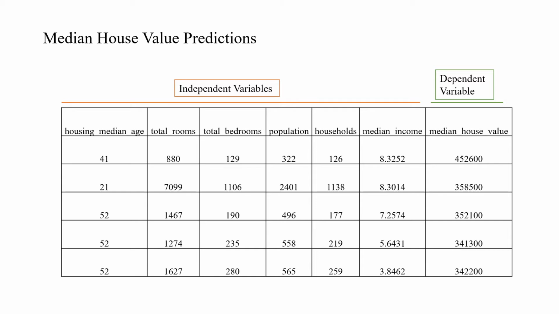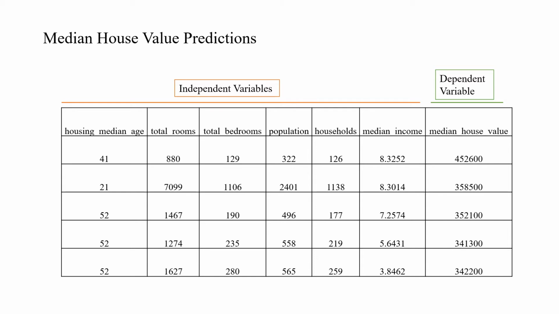Now, consider a real life example. This is taken from the Kaggle website, and the name of the dataset is California house prices. House price prediction is one of the most common examples of regression analysis.